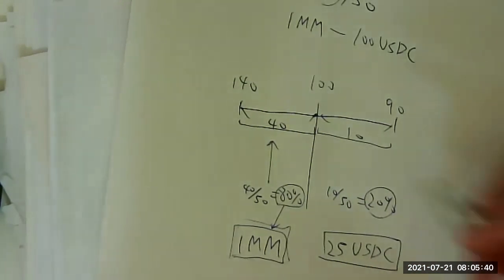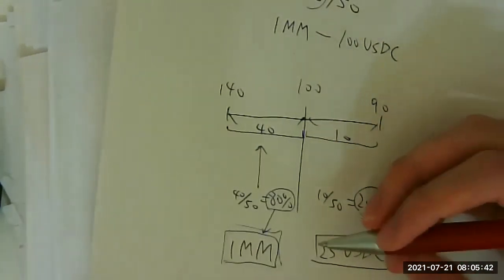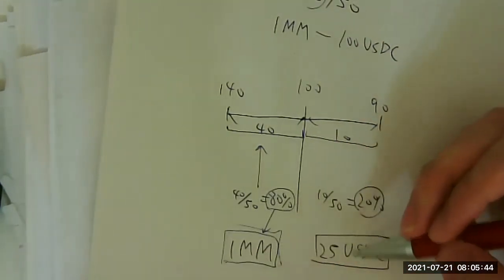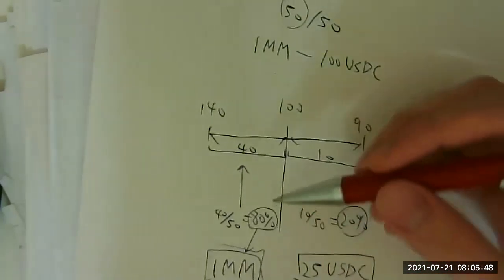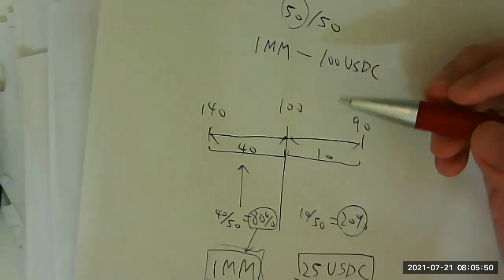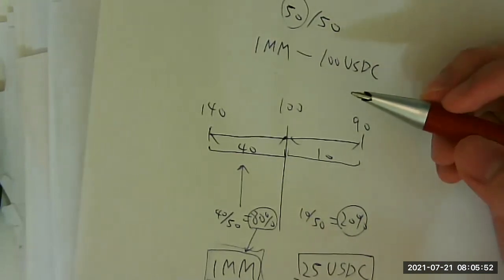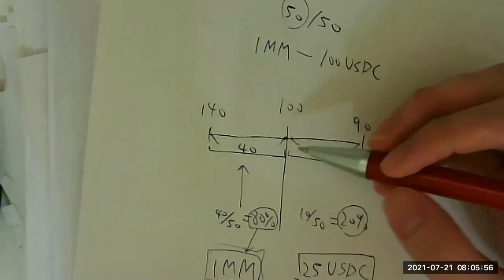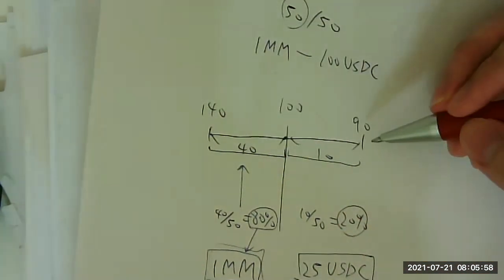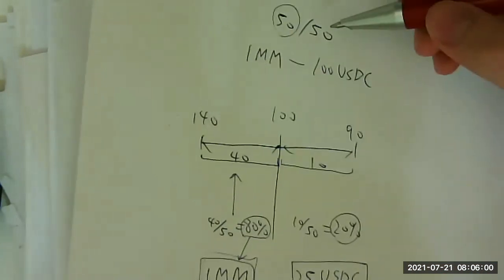Okay. And of course, on the Uniswap interface, you just have to put one of them and it'll automatically calculate the other one. But it seems like a lot of people aren't sure about how that is being calculated. That really depends on your maximum and minimum. It's not always 50-50.